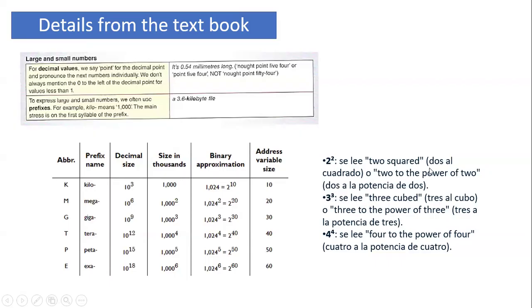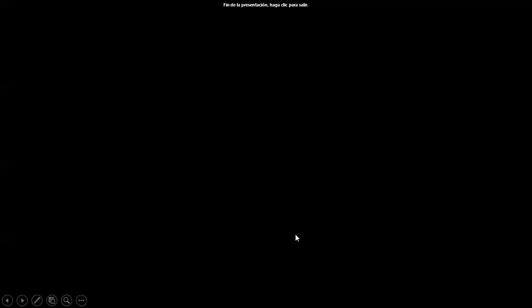But for the others, and this is not that we cannot read it like, well, as the rule, 2 to the power of 2, 3 to the power of 3. We can always do that. 4 to the power of 4. But from the 4 on, right? When the exponent is 4 or above, there we only have the way of saying it as to the power of the exponent: to the power of 10, to the power of 9, to the power of 7. And that is how you're going to read it, okay?